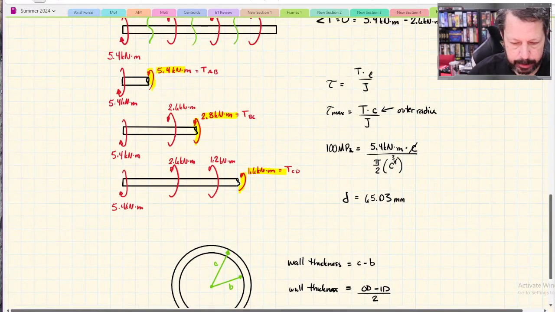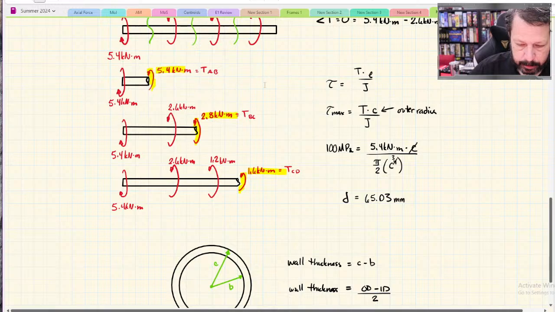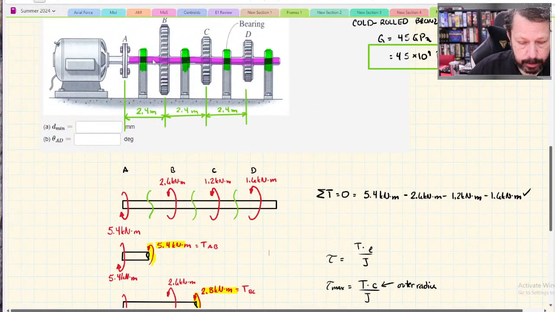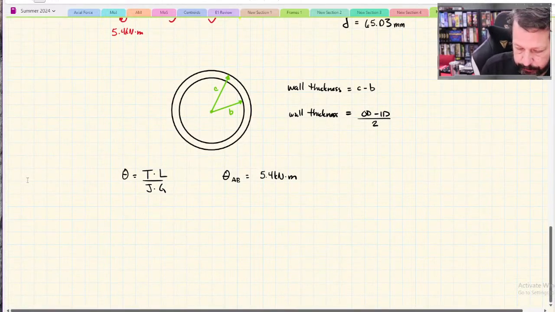And we could go back up here. That's just this value right here. The length for all of the sections, section AB is this first one from A to B, and they're all 2.4 meters. So this will be 2.4 meters.